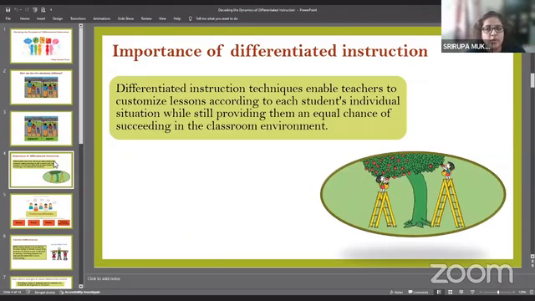When we talk about differentiated instruction, what we are trying to do is alter our techniques, alter the processes of teaching, so as to tailor or customize the lessons according to the needs and requirements of the individuals.